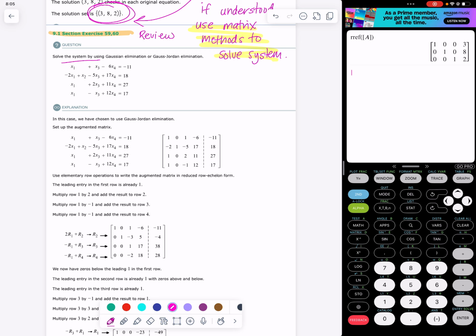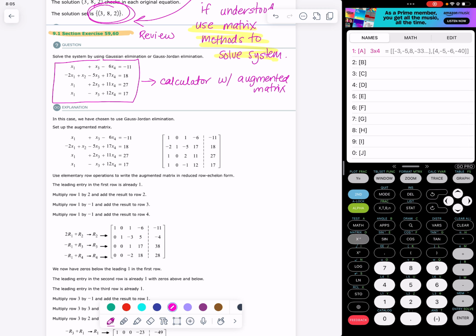This is our system, and we're going to go straight to the calculator with our augmented matrix. So I'm going to go right over to my calculator. I'm going to go to second matrix.